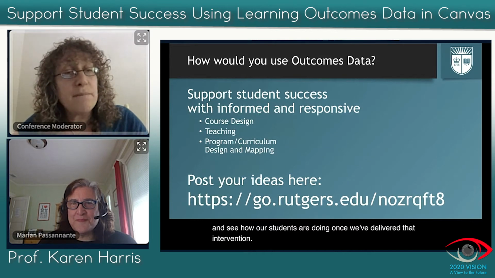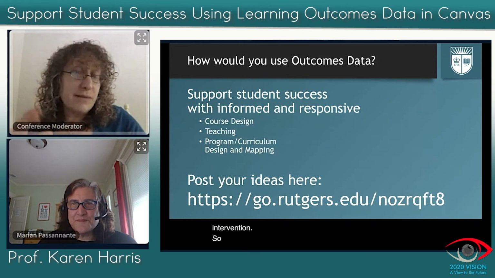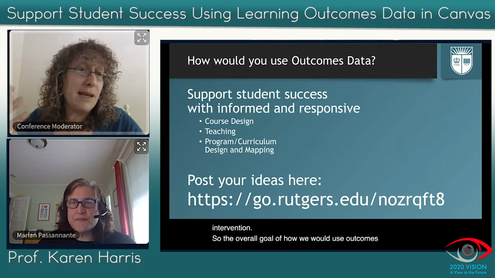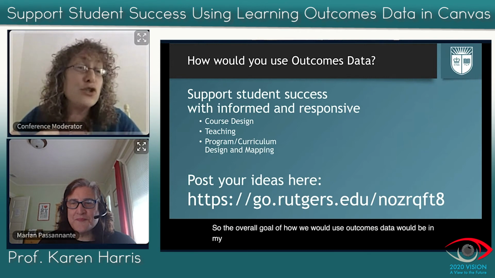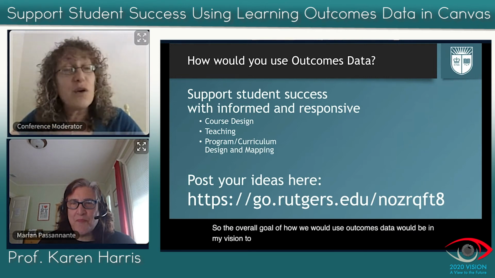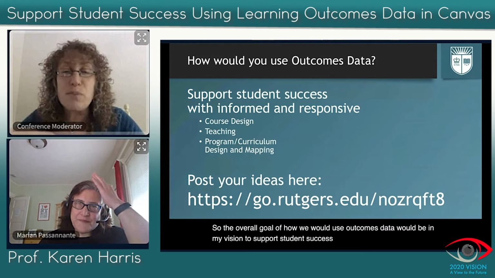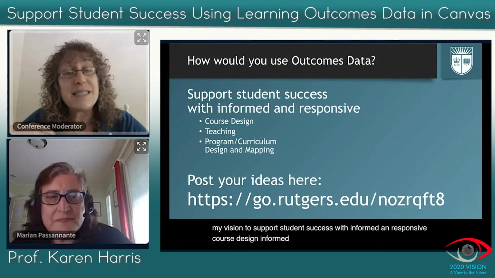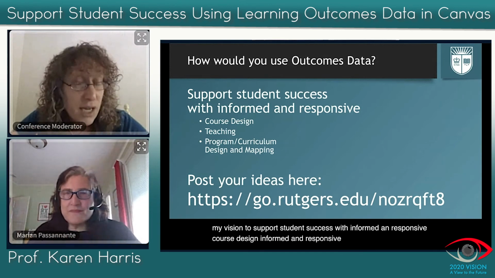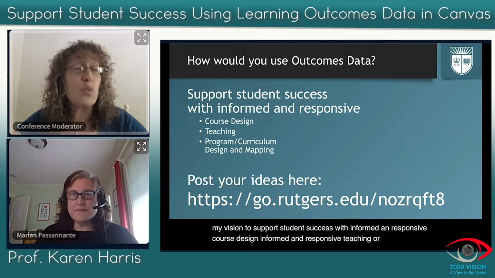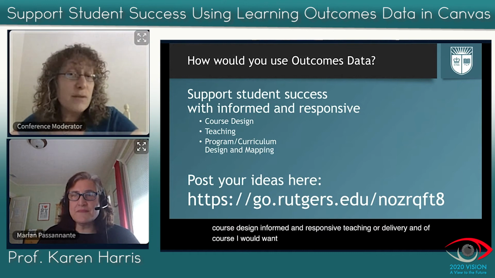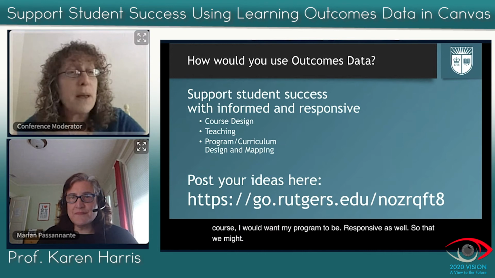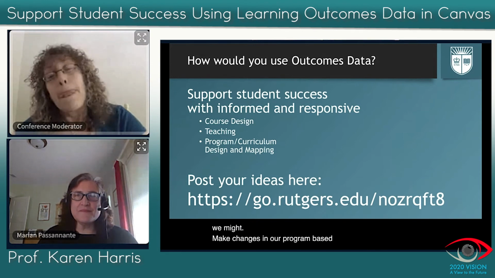So the overall goal of how we would use outcomes data would be, in my vision, to support student success with informed and responsive course design, informed and responsive teaching or delivery, and of course, I would want my program to be responsive as well, so that we might make changes in our program based on the data.